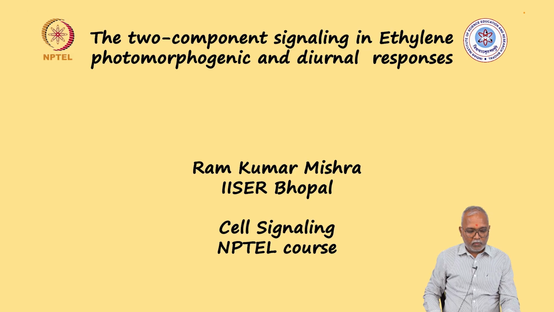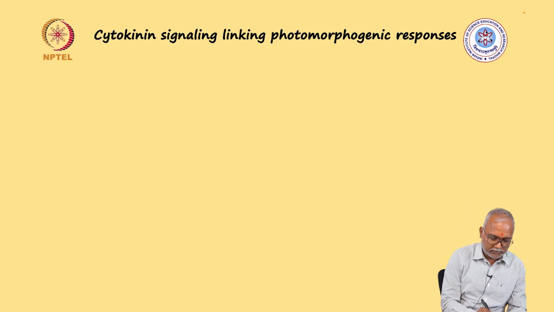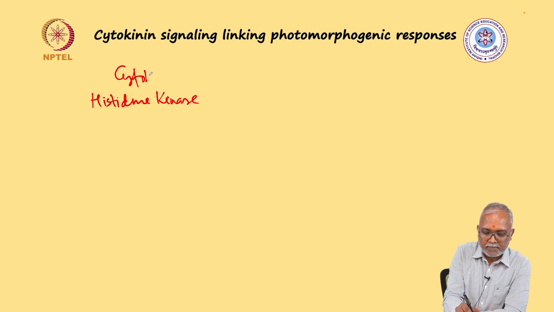So, if we say what exactly is the photomorphogenesis, and if we can summarize what we saw in the previous class. So, this was the histidine kinase responding to cytokinin.